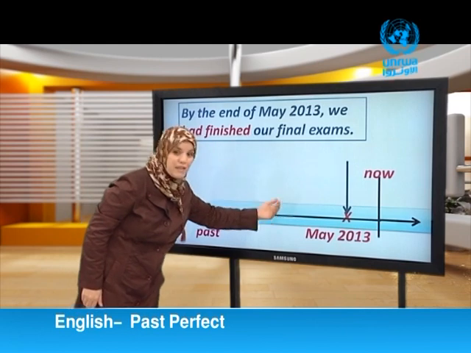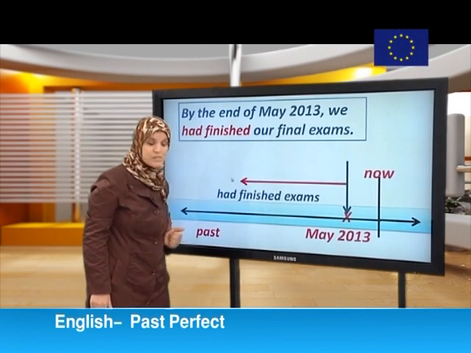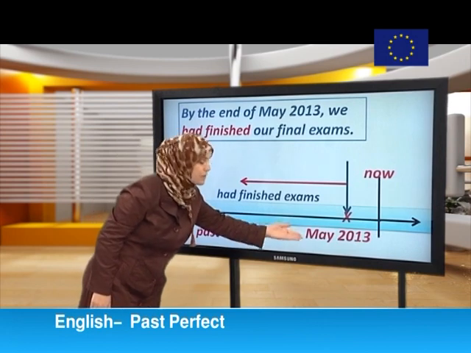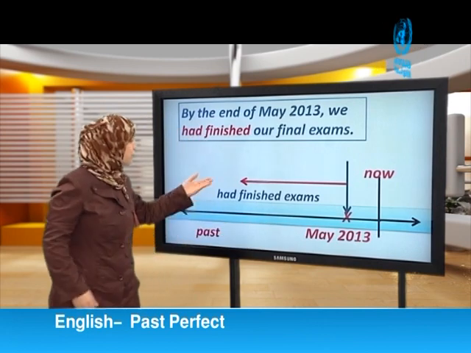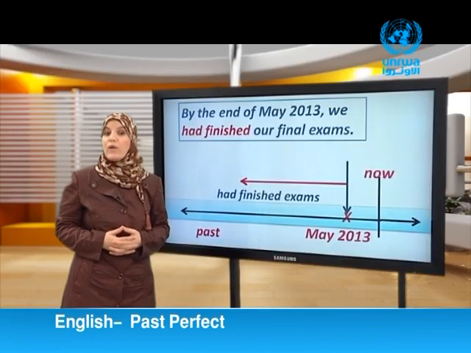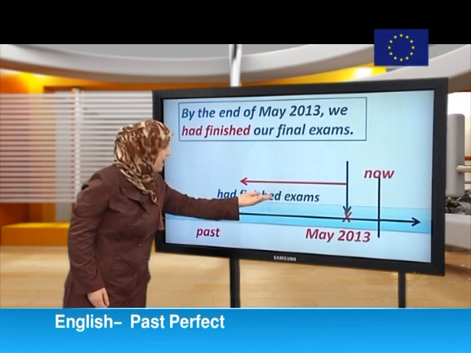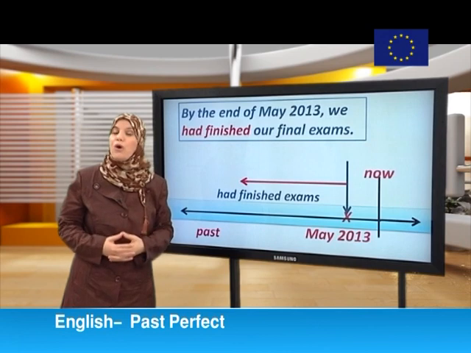This is a point in the past. Now, we had finished the exams before May 2013. Finishing the exams happened before May 2013. So again, we are using the past perfect tense to talk about an action that happened before a certain point in the past.